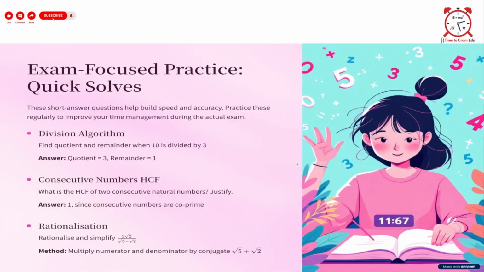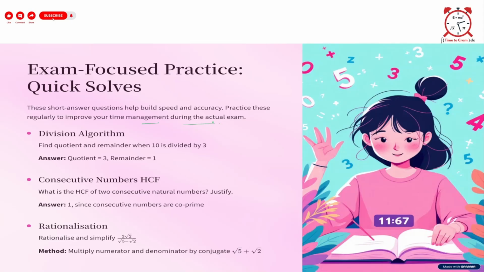Okay students, exam focused practice. Quick solve. These short answer questions help build speed and accuracy. Practice these regularly to improve your time management during the actual exam. In the exam, time management is very important.